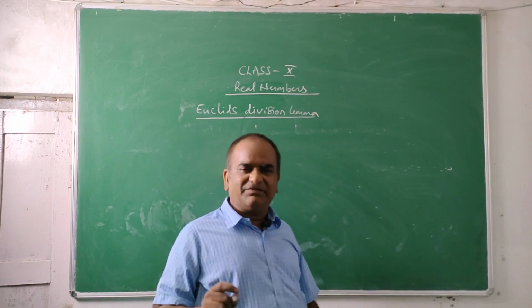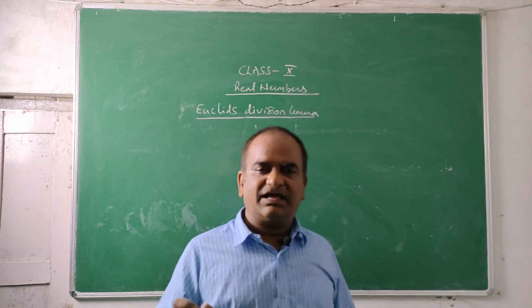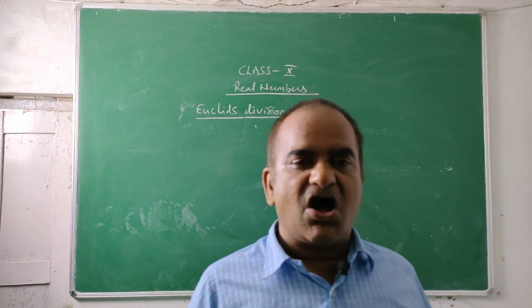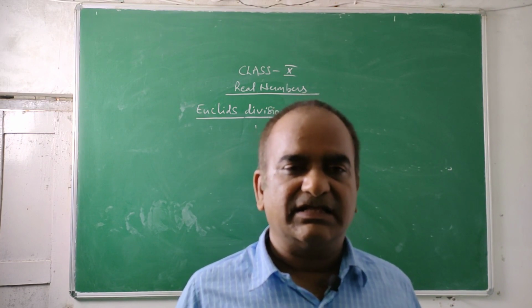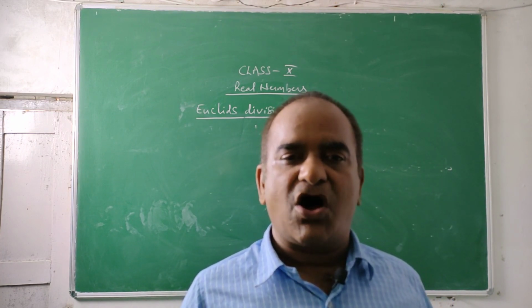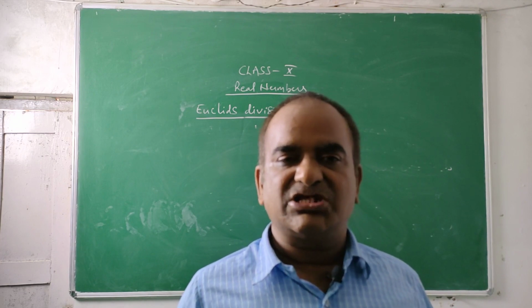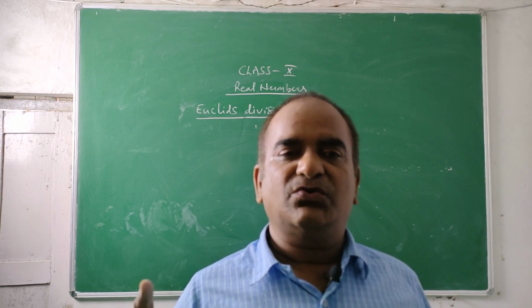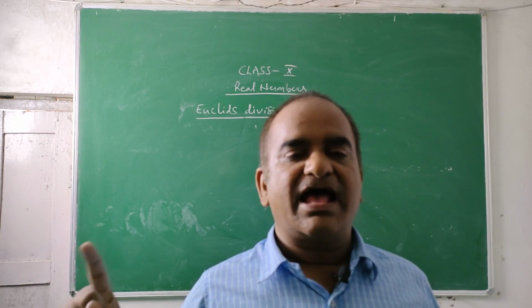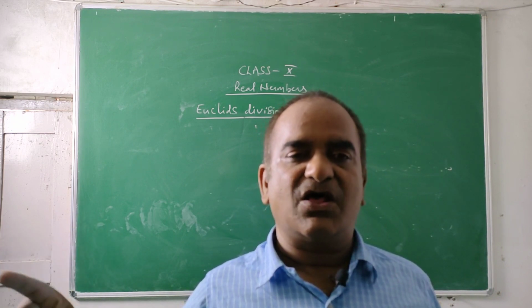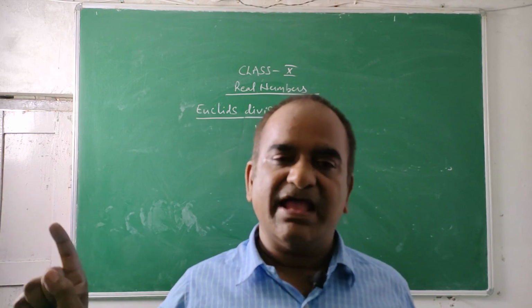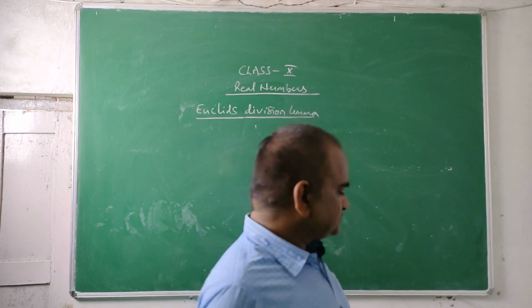So Euclid's division lemma is nothing but a division principle. If A and B are positive integers, then there exist integers Q and R satisfying the relation A is equal to B into Q plus R, where 0 is less than or equal to R, strictly less than B, the divisor.